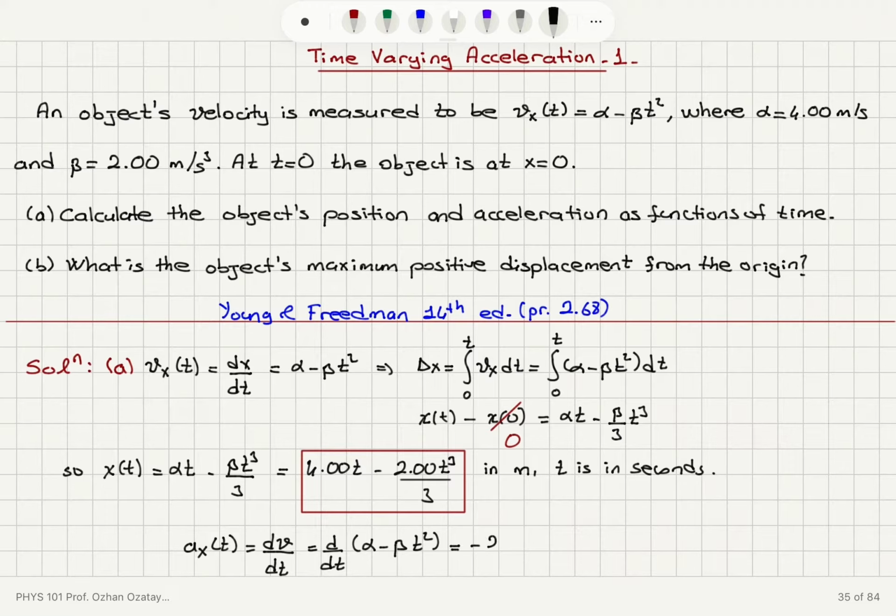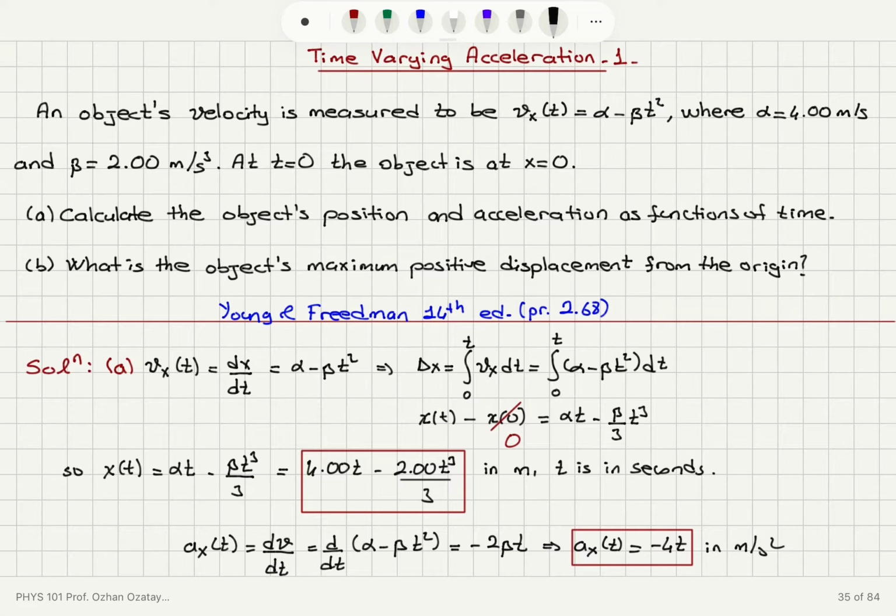I obtain minus 2 beta t, and by substituting for beta 2, ax as a function of time t is minus 4t, where this answer is in meters per second squared.